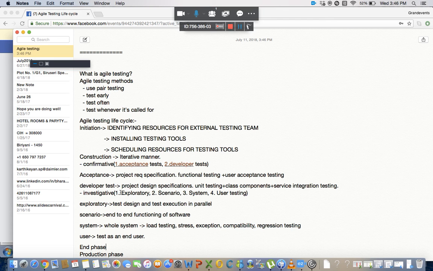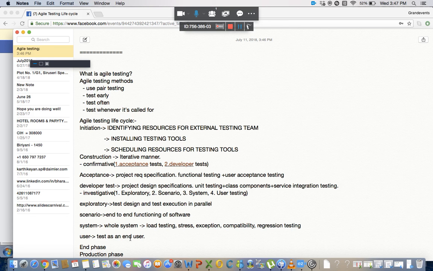The investigative testing involves exploratory, scenario, system, and user testing. In exploratory testing, the design and execution are done in parallel. In scenario testing, the end-to-end functioning of the software is tested. In system testing, the whole system is verified against the requirements, and it involves load testing, stress, exception testing, compatibility, and regression testing.